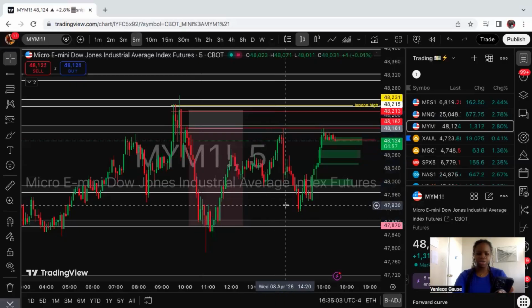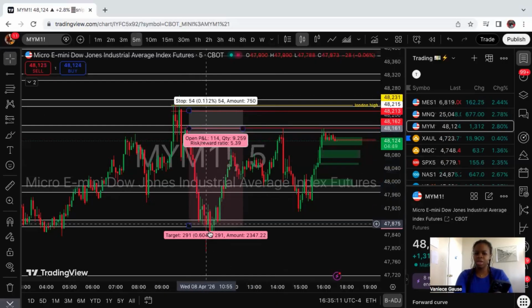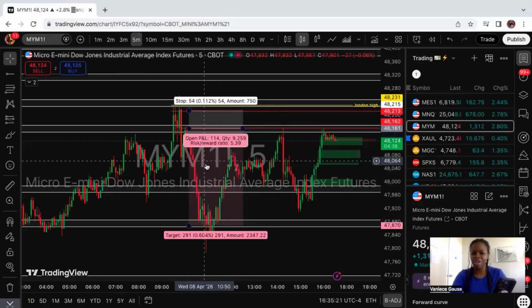But other than that, you want your stop loss beyond the zone, which is right here. And you could have also taken it down here, which if you did, it would have been a 1 to 5.39 risk to reward. So that would have been pretty clutch as well. So 1 to 5, I risked $1, I made $5.39, and so on and so forth.